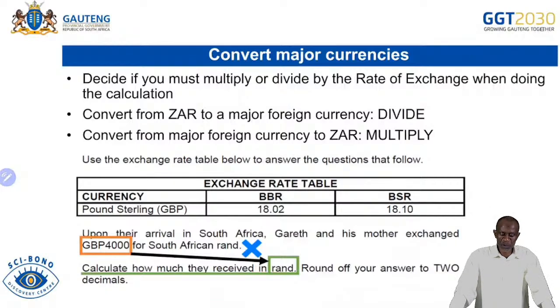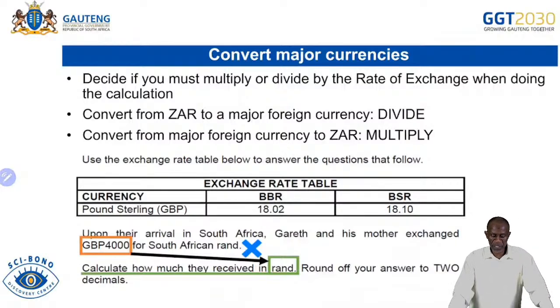And if you are to convert the major currencies of the world to the South African rand, you always have to multiply. This is a rule. Converting rand into other currencies of the world, you always divide. And if you convert major currencies of the world to South African rand, you always multiply, irrespective of the value of such a foreign currency.